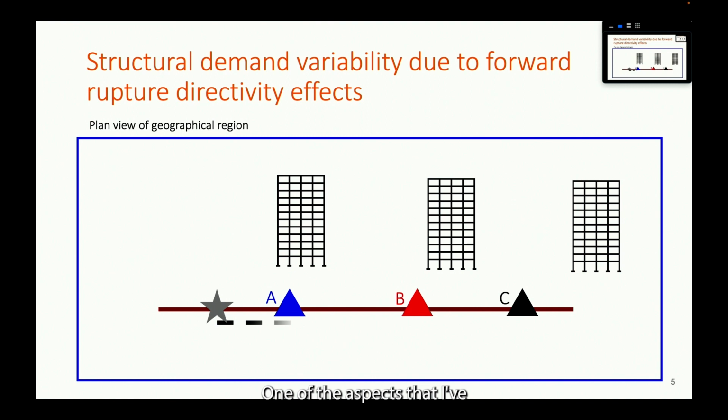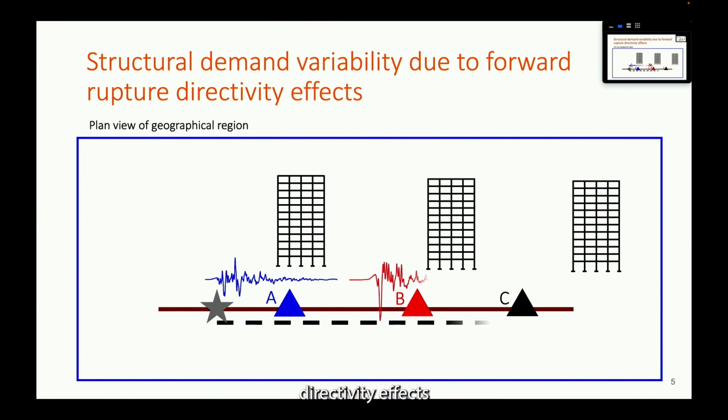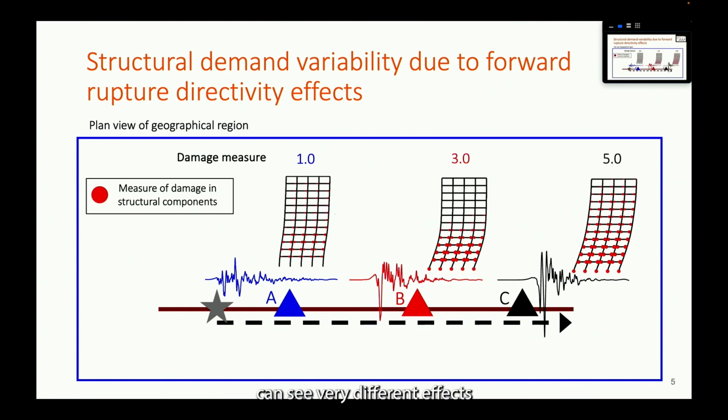One of the aspects that I've really focused on over the past couple of years is looking at what we refer to as the forward rupture directivity effects. As the seismic waves propagate, they accumulate, they intensify. And so we're seeing that structures that are nominally at a similar distance from a rupture can see very different effects due to the fact that the shaking intensity changes as the rupture front progresses.